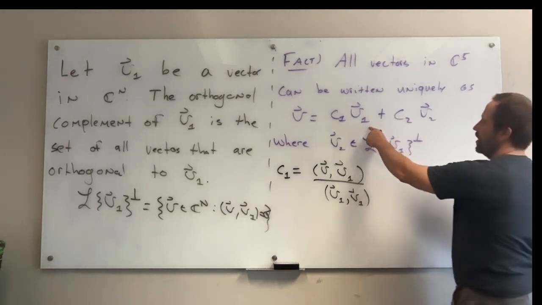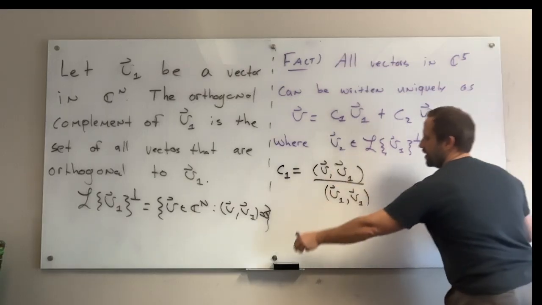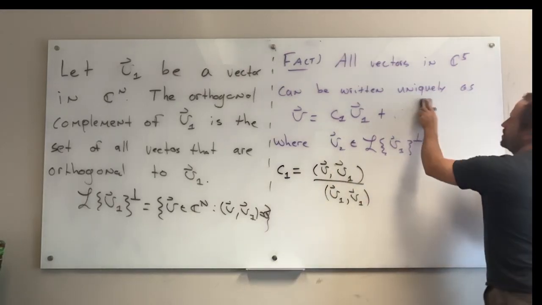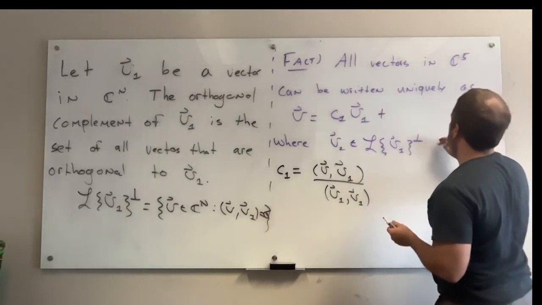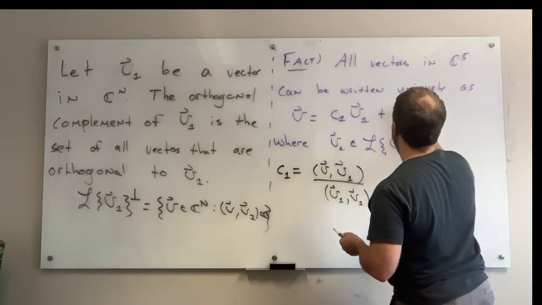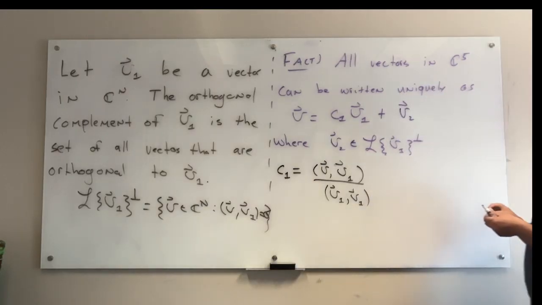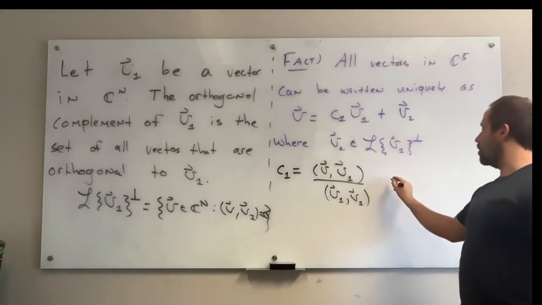So we know what V1 is. We know what this is. Really, the way that we should write this is something like this. Anyways, this is what C1 is, and then what is V2?